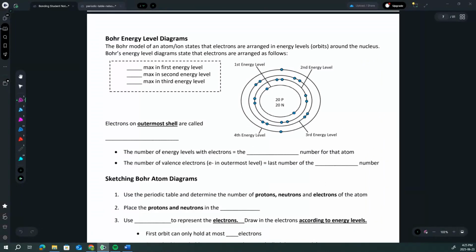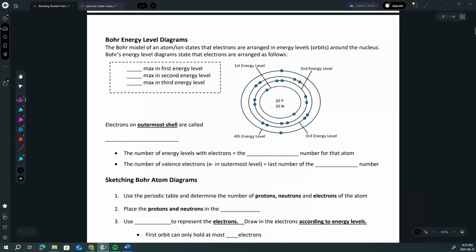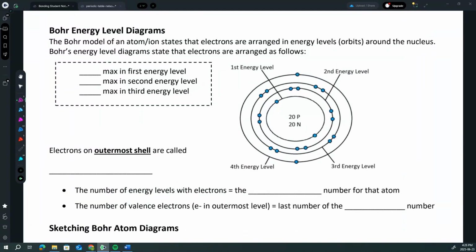Now, why do we need to know the subatomic particles for each atom? It's because we need to know what an atom consists of so that we can draw Bohr energy level diagrams. This is a model of an atom or an ion, although we're going to start out with drawing atoms.